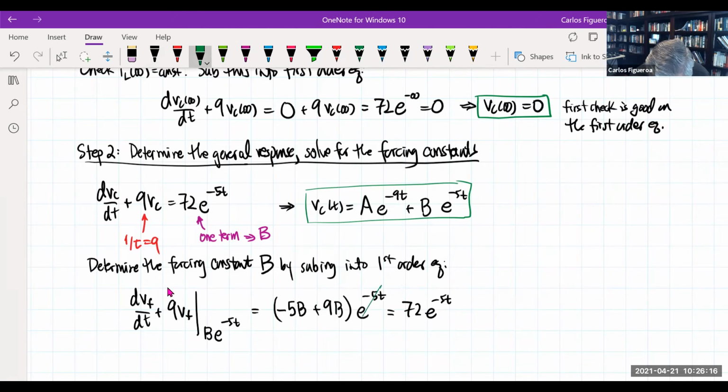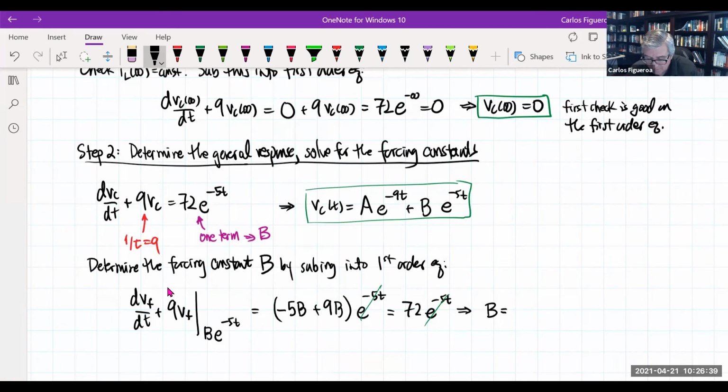Now the right side, which is the force response or the effective source, then looks this way here. So of course what you're seeing here is that if I go calculate what B is, it's got to be this here. So then my forcing constant is going to be what? 9 minus 5 will be 4. 4 into 72. Well, I know that 9 goes into it.